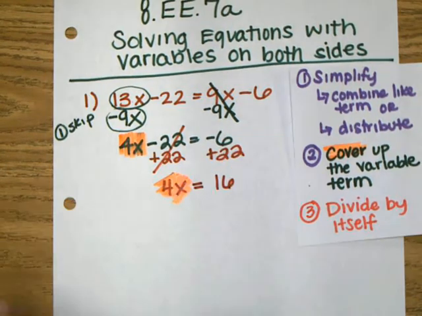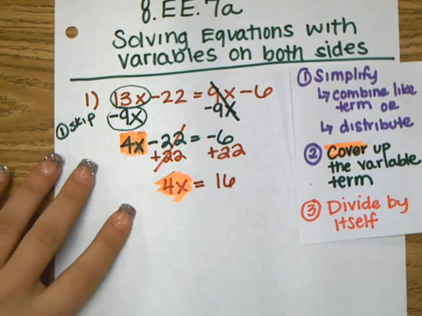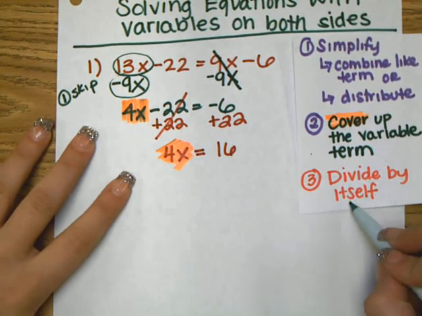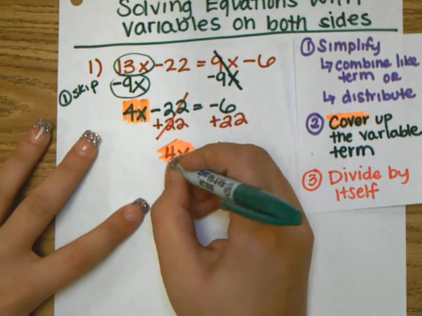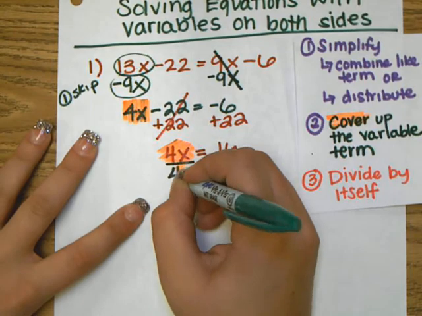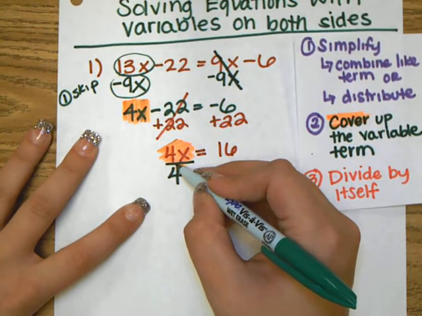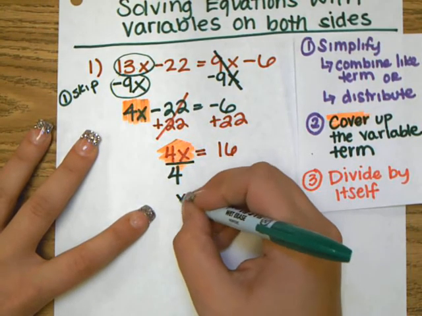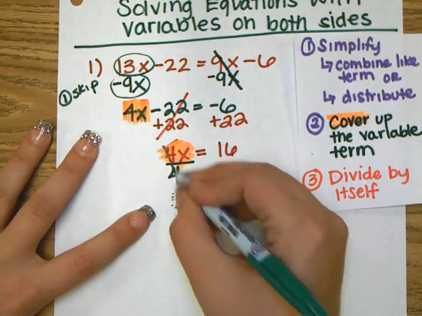Then, when this is all by itself, the very last step is to divide by the number next to the variable. So I'm going to divide both sides by 4, because 4 divided by 4 is 1x.